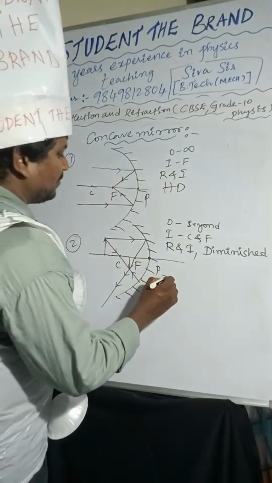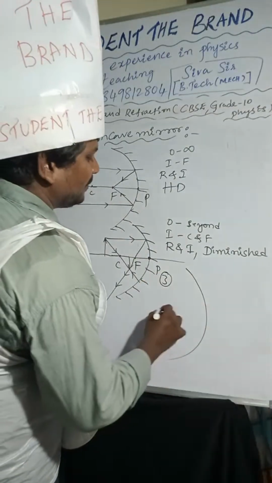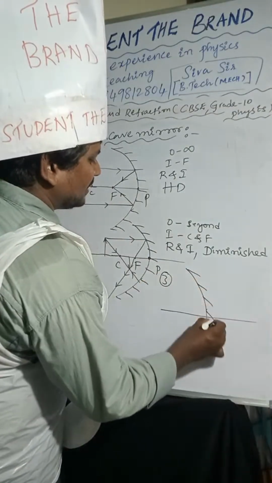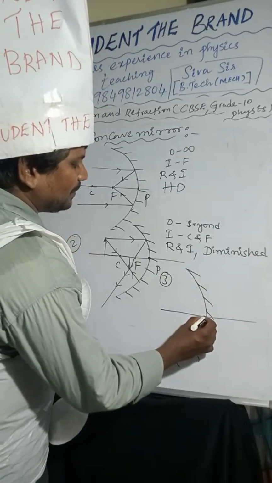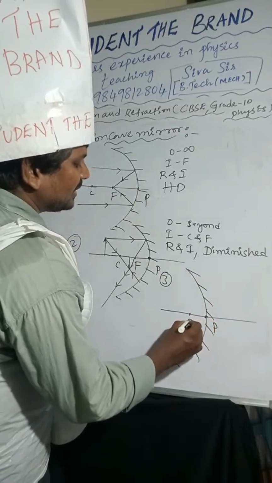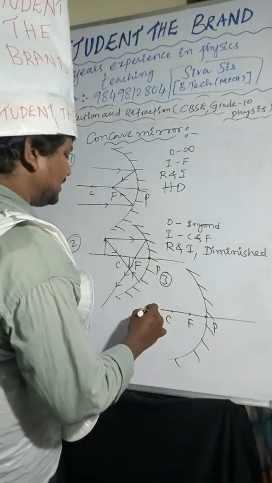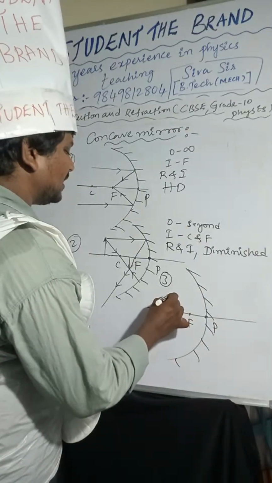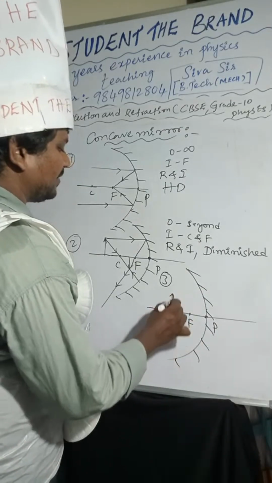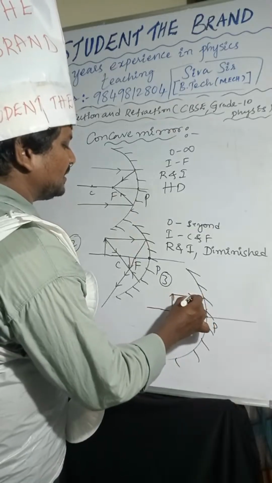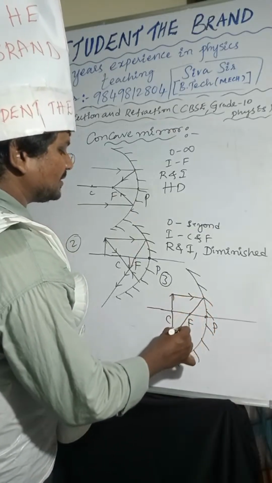Coming to the third one. If you are considering here, this is the pole, focus, center of curvature. Object is placed at center of curvature, image will form at center of curvature. One light I am taking like this, it passes through focus.